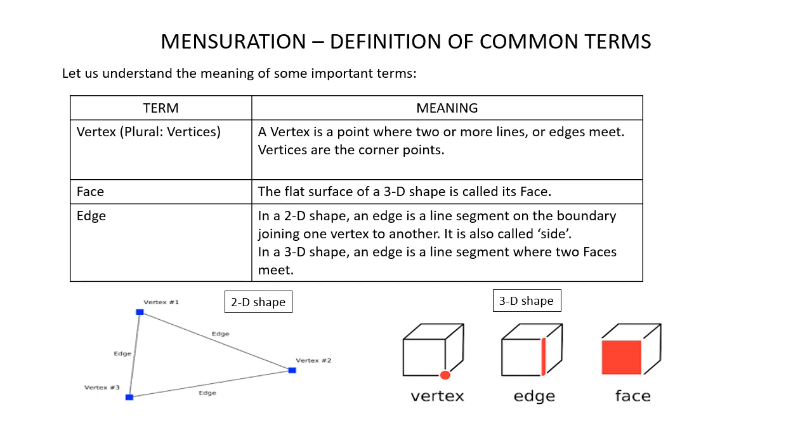So, in this cube, these corner points are the vertices of the cube. This line segment where the two faces meet is the edge, and the flat surface of the cube is known as the face. Hope you have understood the meaning of the terms vertex, face and edge.